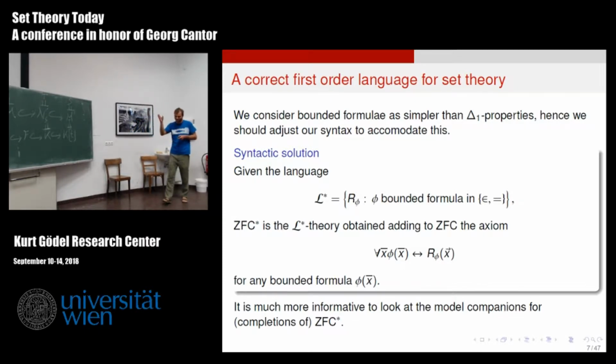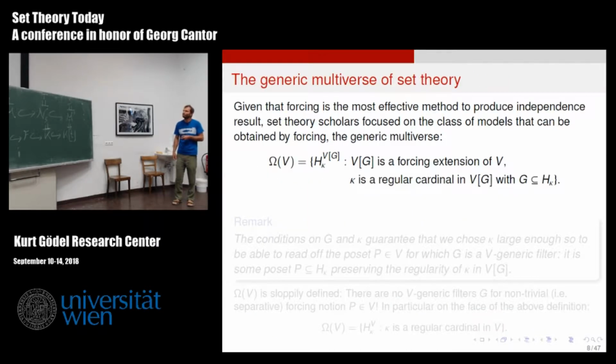So you see already, this example is illuminating because it's saying that this notion of model companion is very much sensitive to the language you choose to study your theory in. So you have to choose the right language in order to get full information.